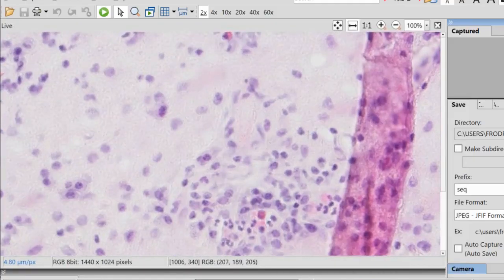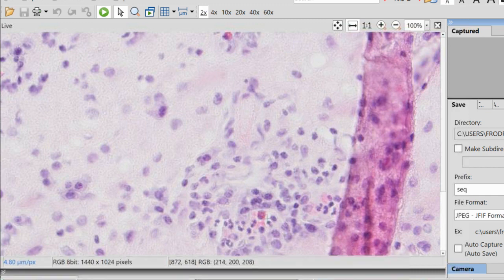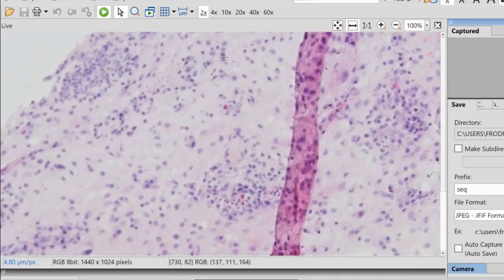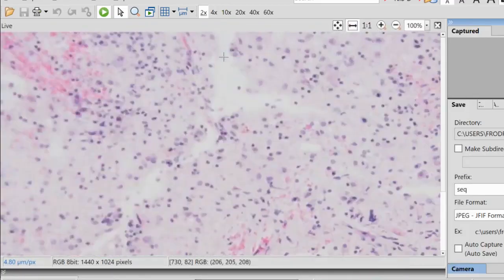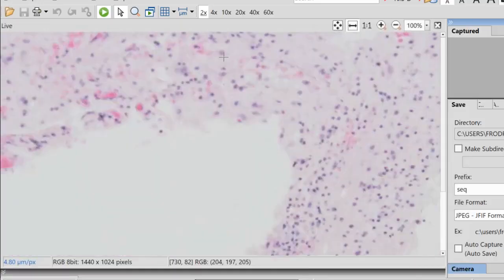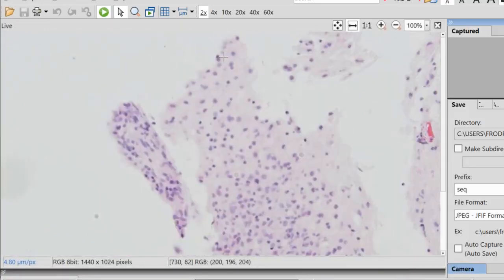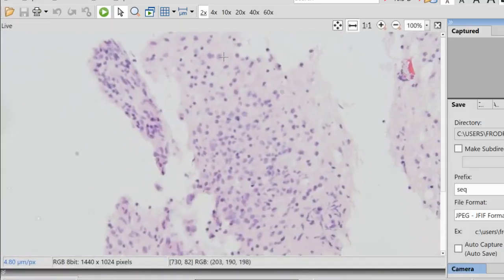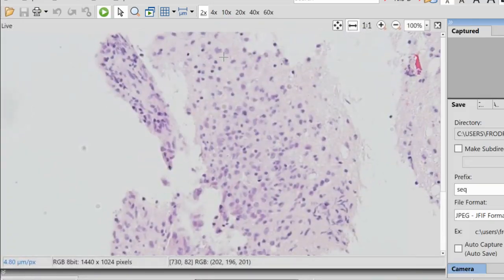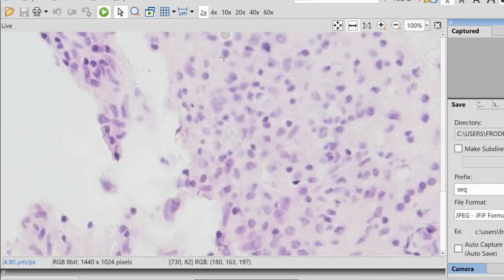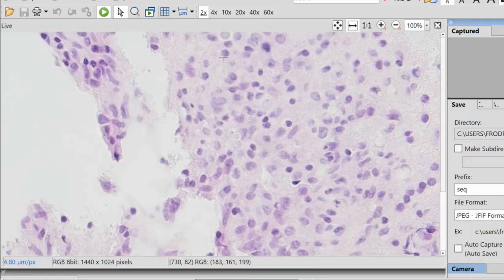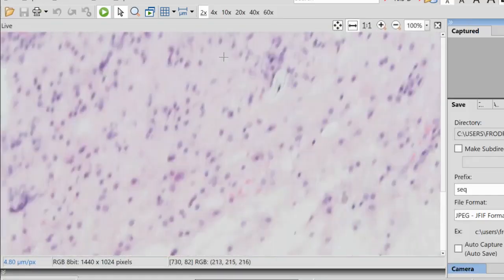A few eosinophils here and there. Few larger cells.